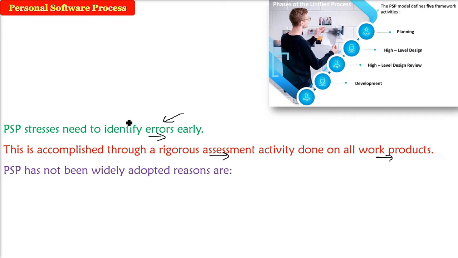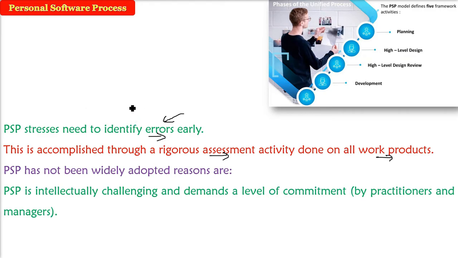But the situation is that PSP is not widely adopted. The problem, first of all, as we discussed, is that the intellect has to be high. PSP is all about estimating and finding errors, and it demands a lot of effort. So first you have to be committed, and intellectually you have to be smart also. This is true for both a practitioner and a manager.